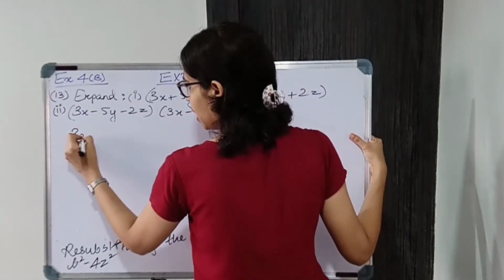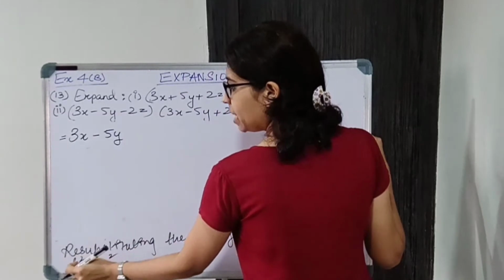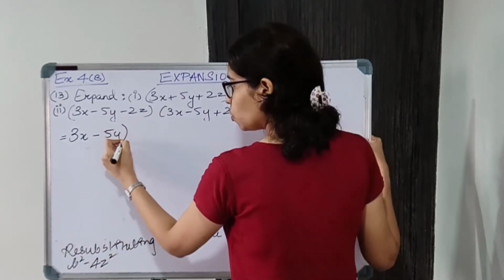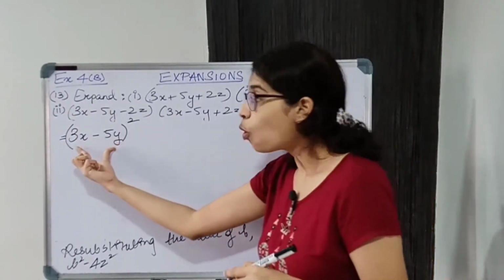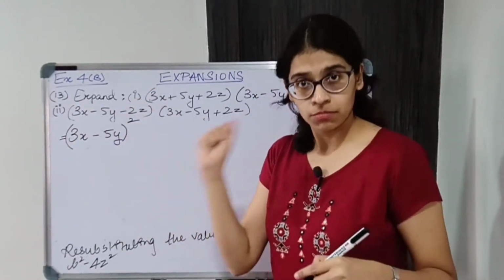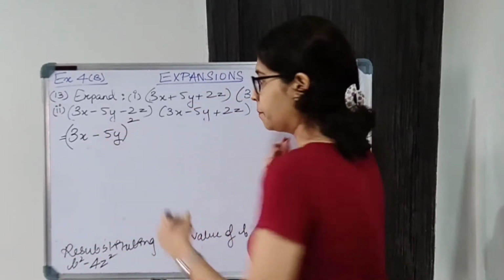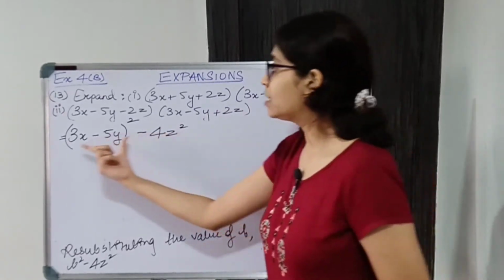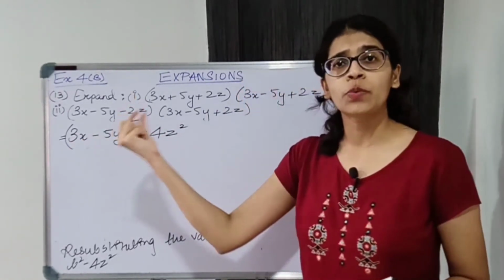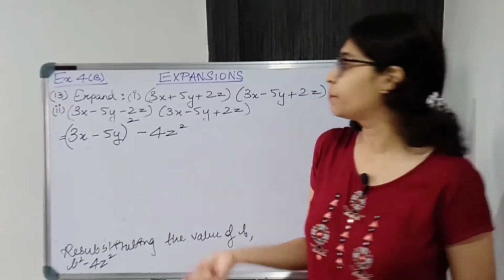So 3x minus 5y, b square, so put brackets and square because this whole thing is equal to b. So this whole thing square because there is b square minus 4z square. This is of the form a minus b the whole square, so we'll use the identity. It is a square minus 2ab plus b square.